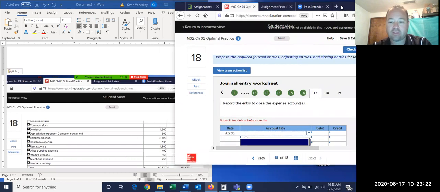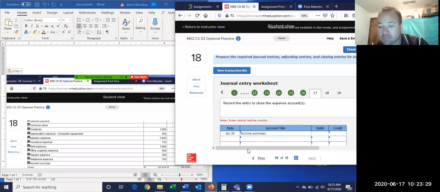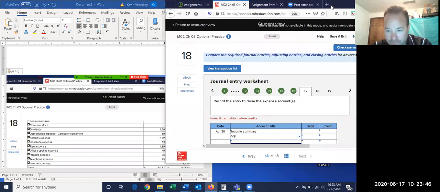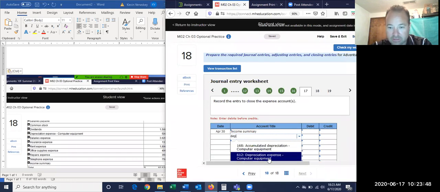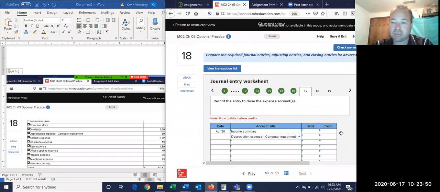So we're going to need to credit them, and we're going to credit them to income summary. Now, technically, I don't know what my debit is until I go through and add up all the credits. So let's go ahead and put in all of our credits. We've got our depreciation expense. Depreciation expense, we're going to credit for 500.